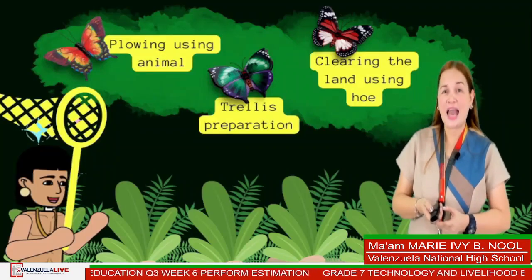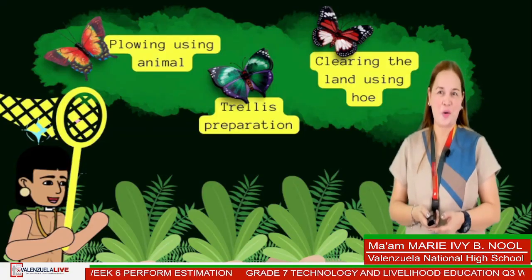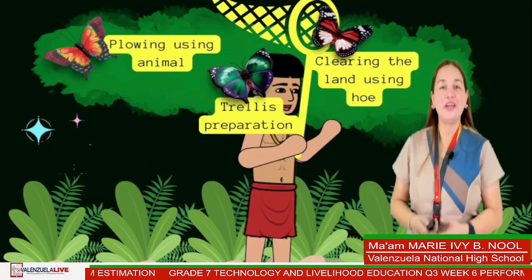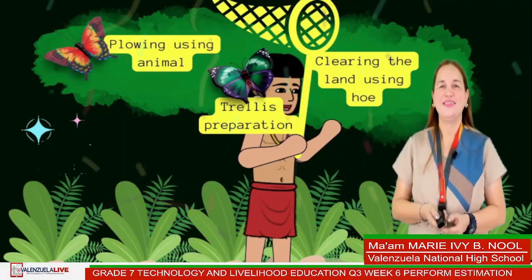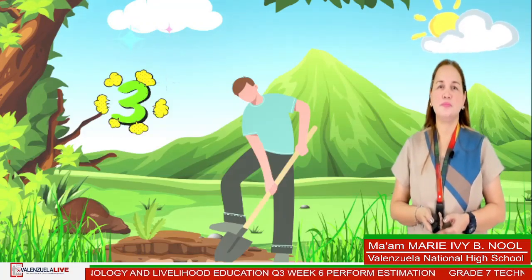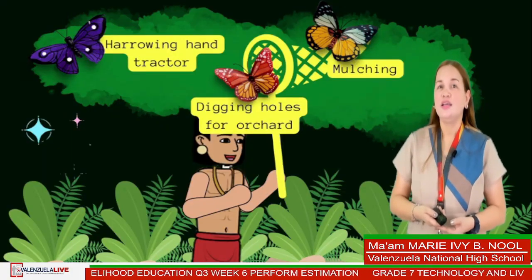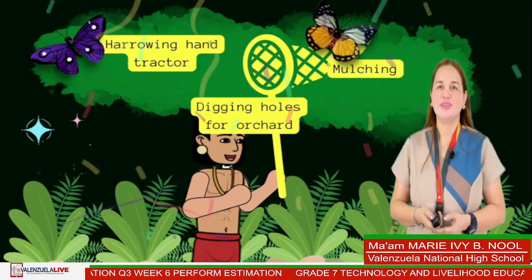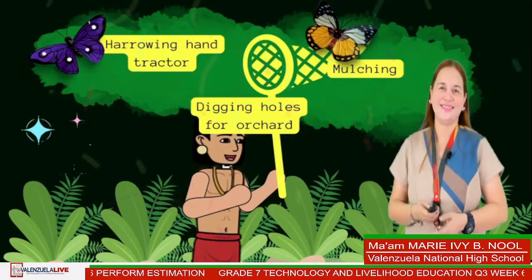Is it plowing using animal, trellis preparation, or clearing the land using hoe? The answer is clearing the land using hoe. Bravo! Picture number 3. Is it harrowing hand tractor, digging holes for orchard, or mulching? The answer is digging holes for orchard. Amazing!